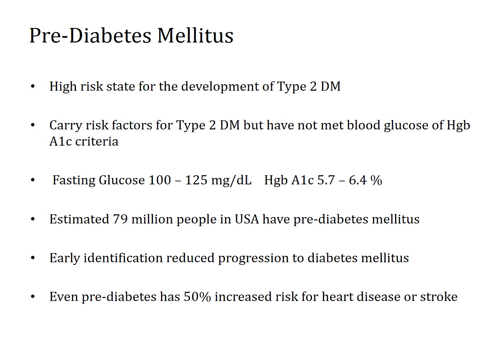That places you at a higher state for developing type 2 diabetes mellitus. So a fasting glucose between 100 and 125, a hemoglobin A1C between 5.7 and 6.4%, pre-diabetes mellitus. And the Center for Disease Control estimates that almost coming close to 80 million people in the U.S. right now are in this state of pre-diabetes. Identify that early, mitigate their risk, and we can prevent these individuals from going on to developing full-blown diabetes mellitus.